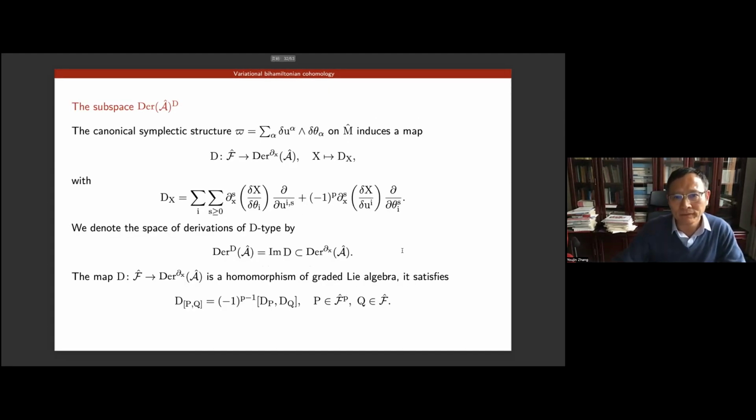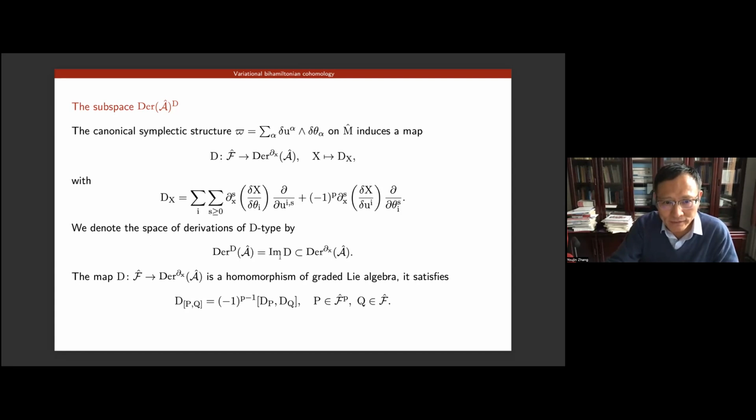Then we actually have a canonical map from the space of local functionals to the space of derivations, the space of evolutionary vector fields. Because on the supermanifold, we have a canonical symplectic structure, omega. And using this canonical symplectic structure, we can define this map D. We can map any local functional X to a derivation acting on the space of differential polynomials.